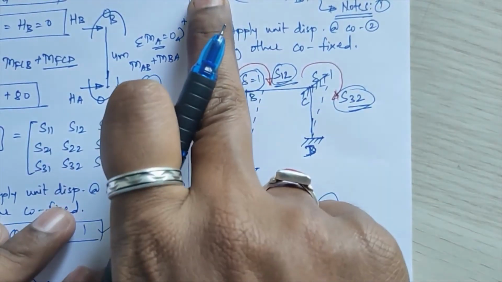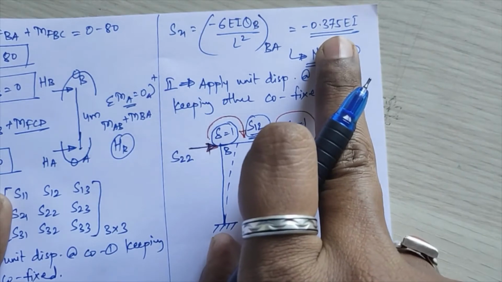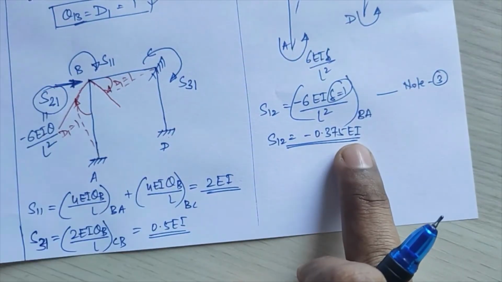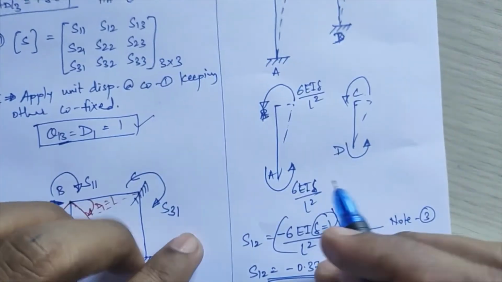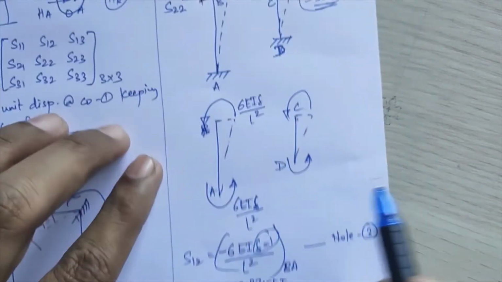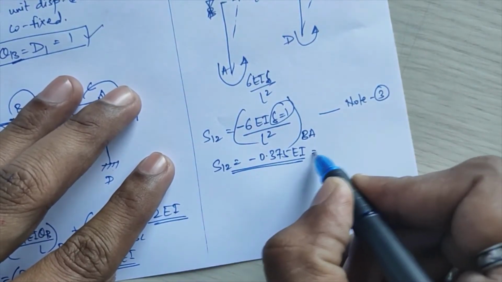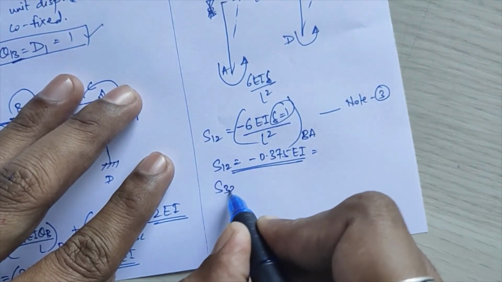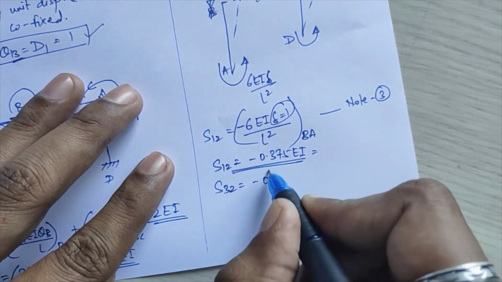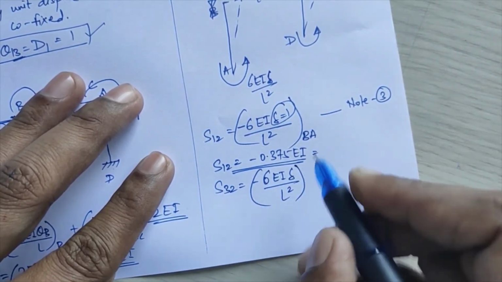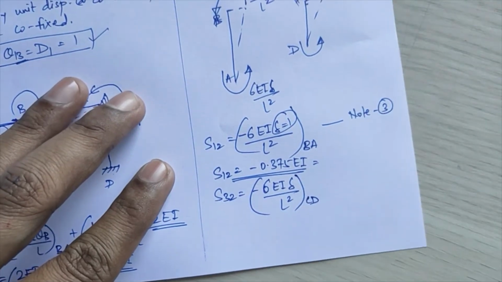You have to check whether you are getting S of 1,2 equal to S of 2,1, as in your first case. See here, same I am getting S of 2,1 as 0.375 negative. Same is the case with the value of S of 3,2. Whatever value of S of 1,2 I am getting, same will be your value of S of 3,2, that is minus 6 EI delta upon L square, just that it will be for member CD.